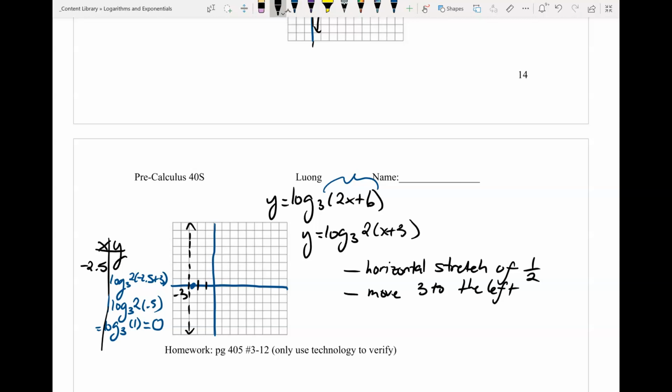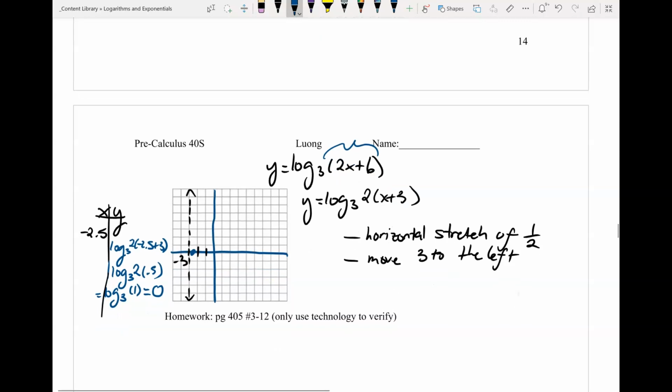So we can go ahead and do this again, and I can use a different number. It doesn't really matter which one you choose, but make sure that the inside part of your logarithm is going to work out into powers of 3. And it's going to work out for negative 1.5. Again, I will show you why that's true. That's log base 3 of 2 times negative 1.5 plus 3.